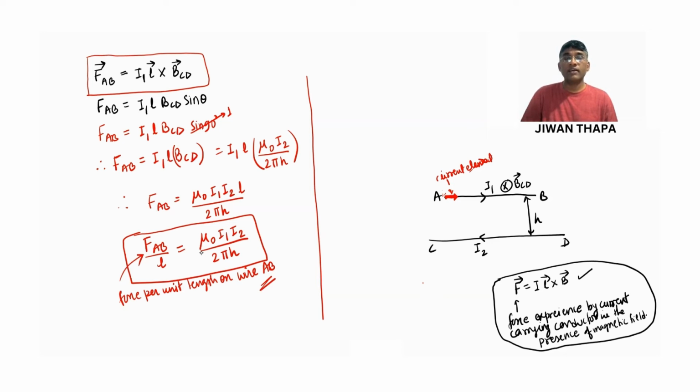In order to find the direction of the force, we use Fleming's left hand rule. In wire AB, we find current flowing along this direction from A to B, and we find wire AB is in the presence of a magnetic field acting perpendicular to the plane of the board, directed inward.